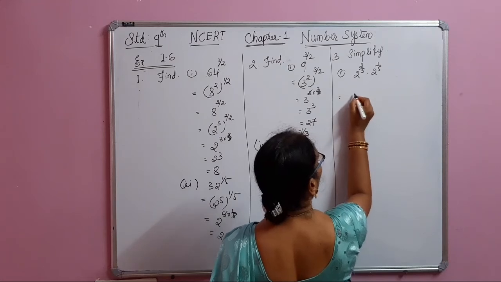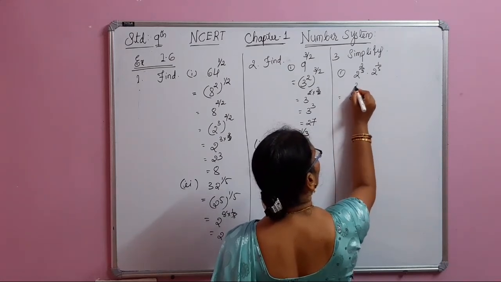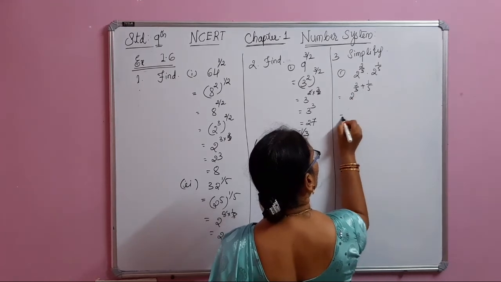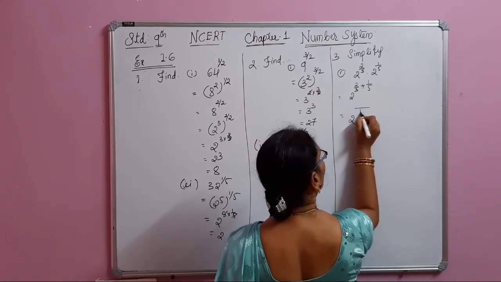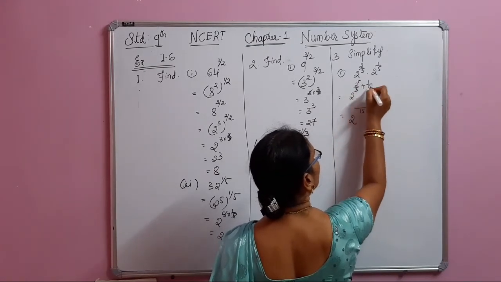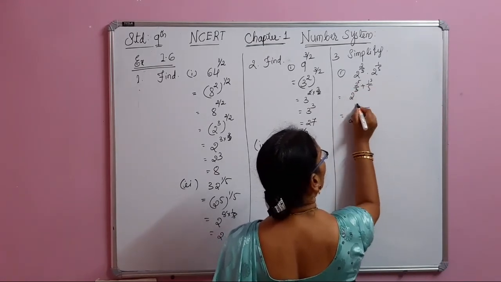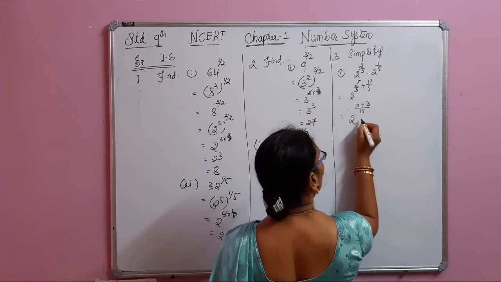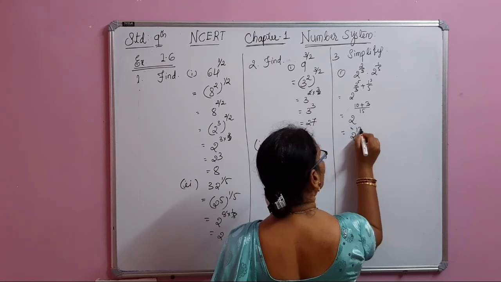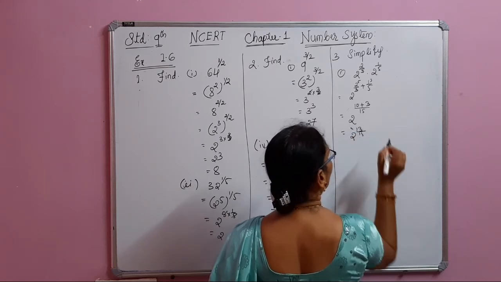How to do? We have to add the powers: 2 to the power 2 by 3 plus 1 by 5. The common denominator is 15. 3 fives are 15, 3 fives are 15, 2 fives are 10, plus 3. So 10 plus 3 is 13, giving 2 to the power 13 by 15.